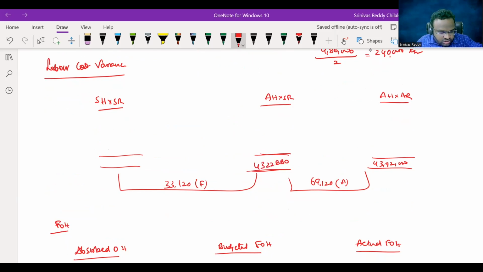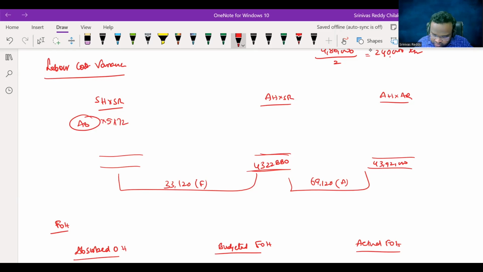Okay. Then with 33,120, what is standard hours? Standard hours for which output? Actual output. Please be careful here. It is 5 into 72 for which output? Actual output. 43,22,880 minus 33,120.